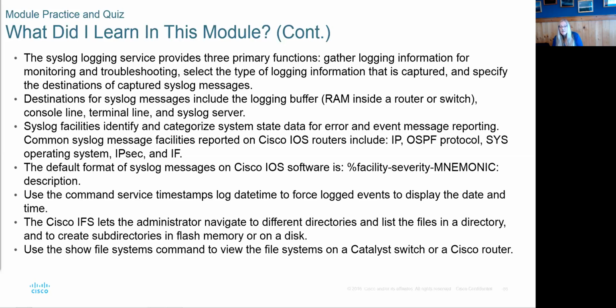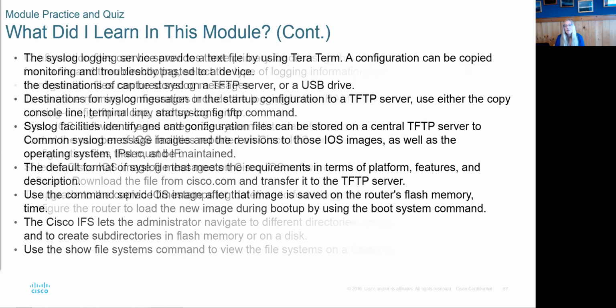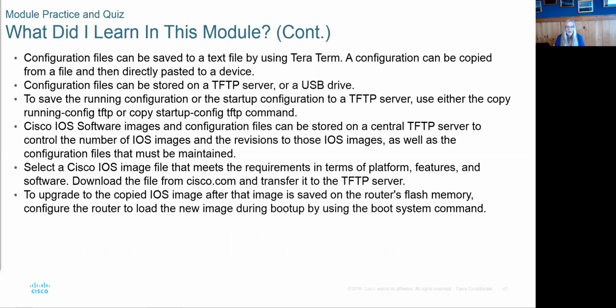With Cisco IOS, of course, in order to make sure that things are well patched and secure, we need to update our IOS as needed. That is another wonderfully important thing to keep track of. For our config files, we can save them to a text file using PuTTY or TeraTerm.